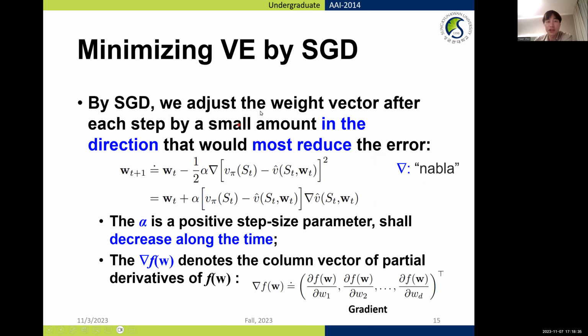By SGD, we adjust the weight vector after each step by a small amount in the direction that would most reduce the error, which is the gradient, right? So how do we define this? We put the squared error inside of VE bar here, then we do the gradient with respect to WT.